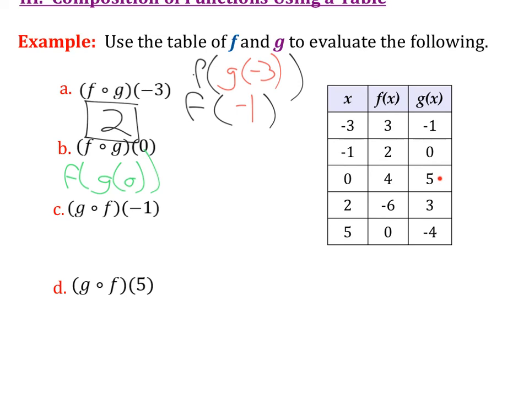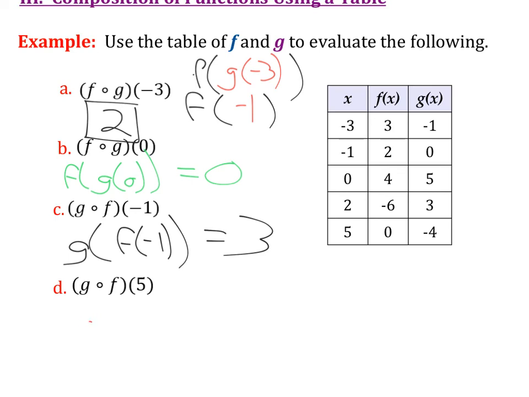And now I need to find f of 5, which would also be 0. Well, that's a coincidence. Next, g of f of negative 1. Work from the inside out. F of negative 1 is 2. So now I need to figure out g of 2, which would be 3.